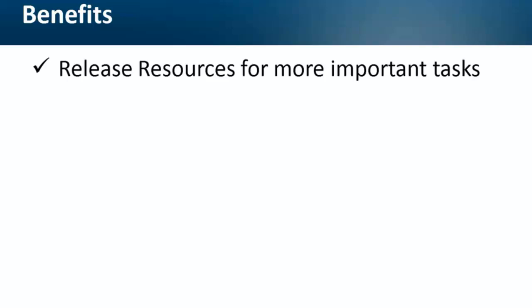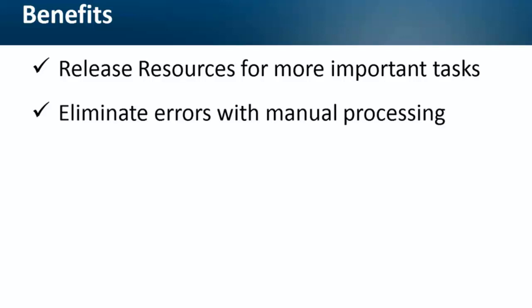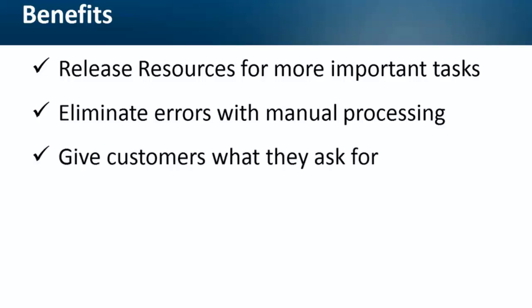And I'm sure you have plenty of other things to do other than just stuffing the papers into envelopes and sealing the envelopes, etc. And then automation eliminates human errors, such as accidents where invoices are sent to wrong customers, and also gives your customers what they asked for, specifically those who already asked for electronic invoices. That'd be easier for them to process versus paper. And that also means faster payments.